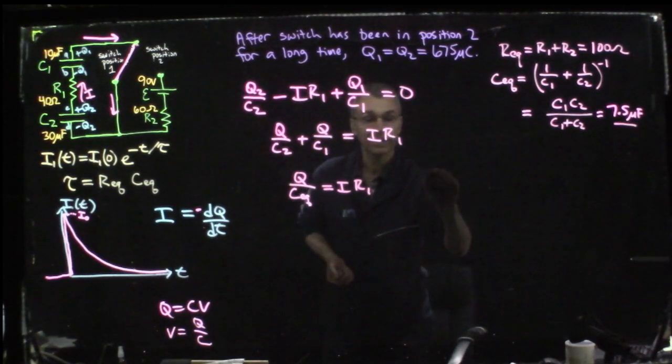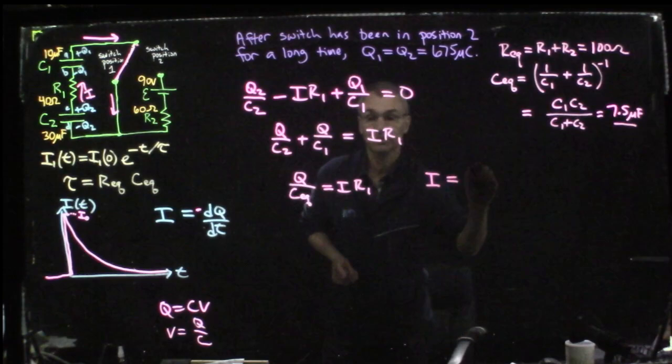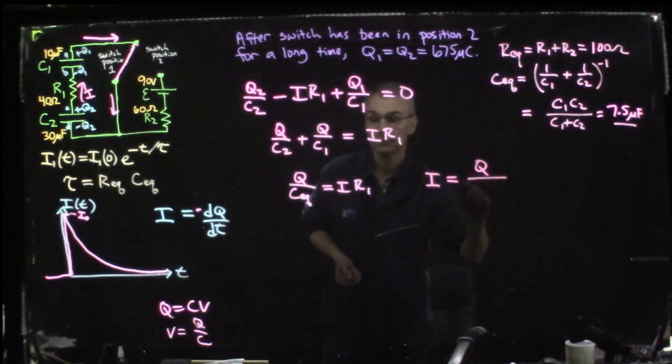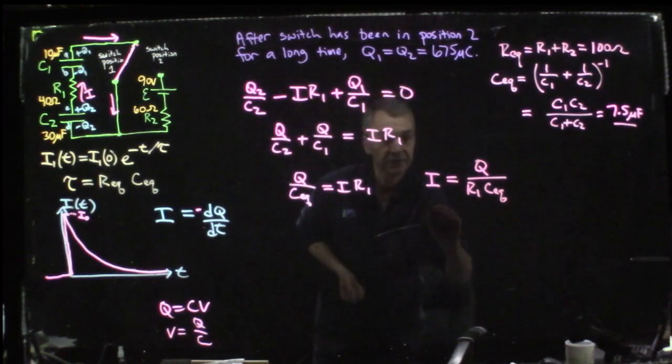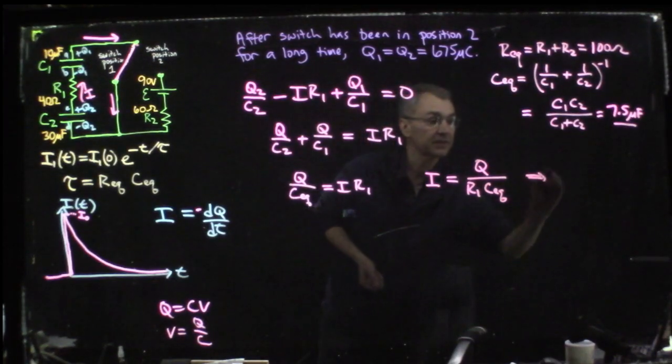So then I can say that I equals Q over R1 C equivalent. So in particular, here's my 0.